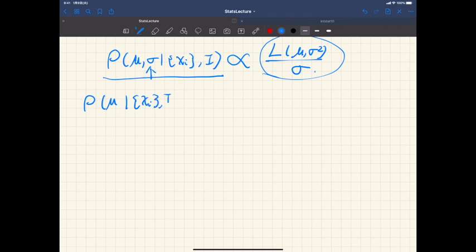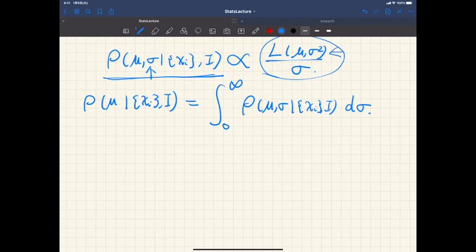Which means this. So this is equal to the integration of this one, mu sigma d sigma. We integrate over all possible values of sigma, so you substitute the definition of this.